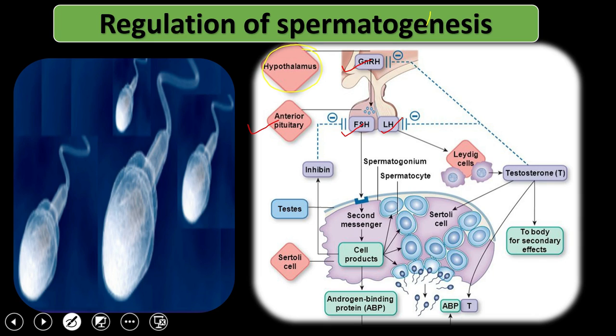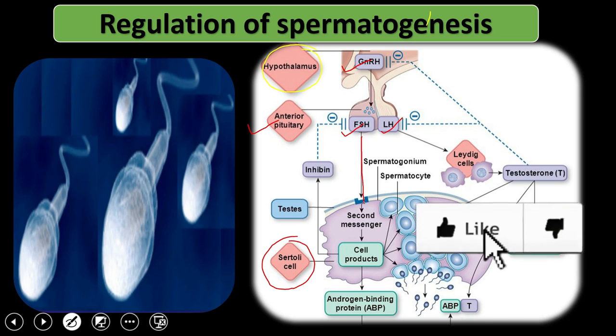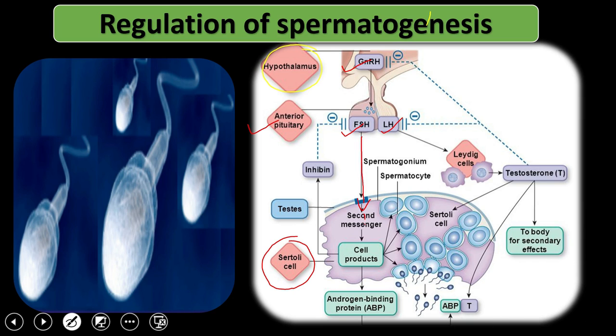FSH acts through secondary messengers, enters the testes, the seminiferous tubule, and stimulates the Sertoli cells to produce androgen binding protein.